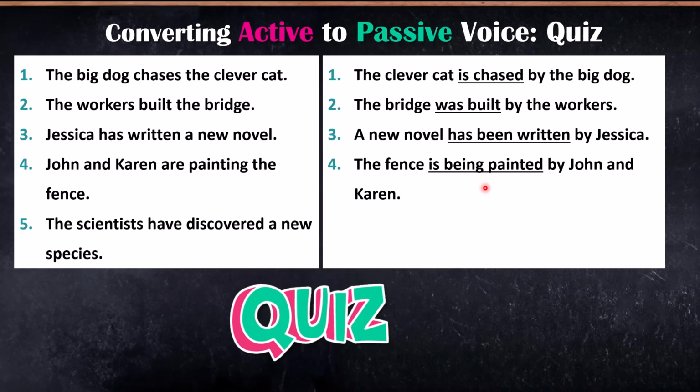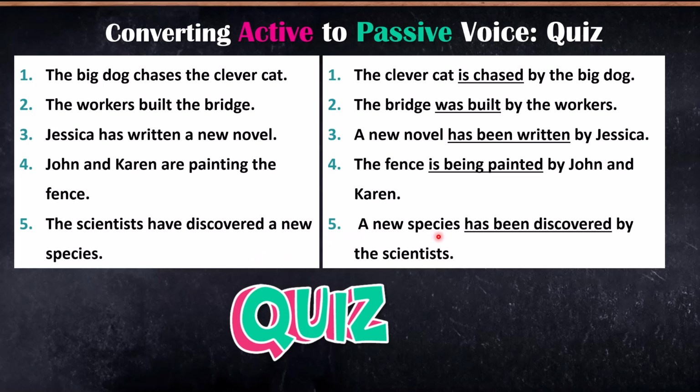And finally, number 5. Number 5 is in the present perfect. So the conversion, a new species has been discovered by the scientists. Now, you might wonder why this is has and not have.